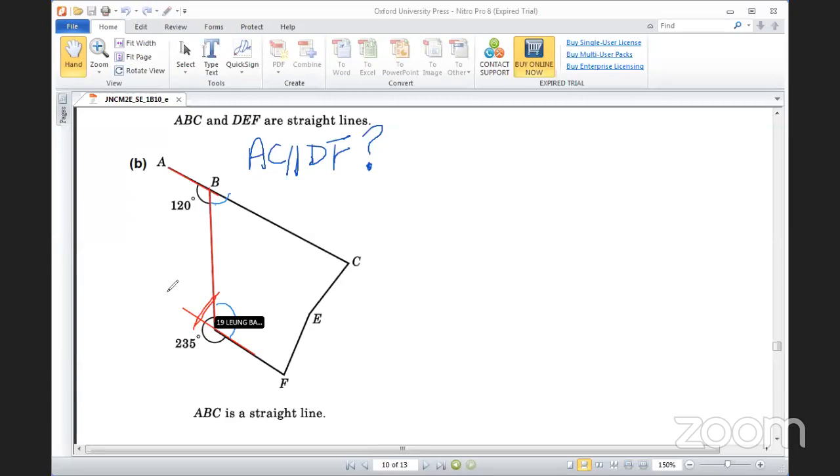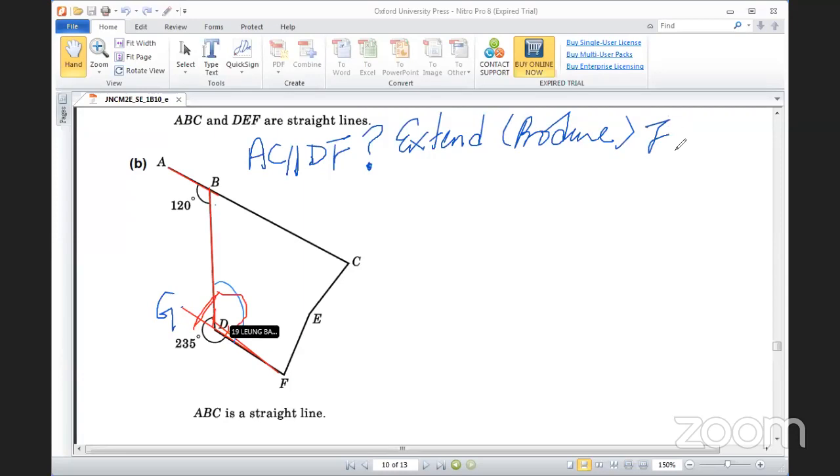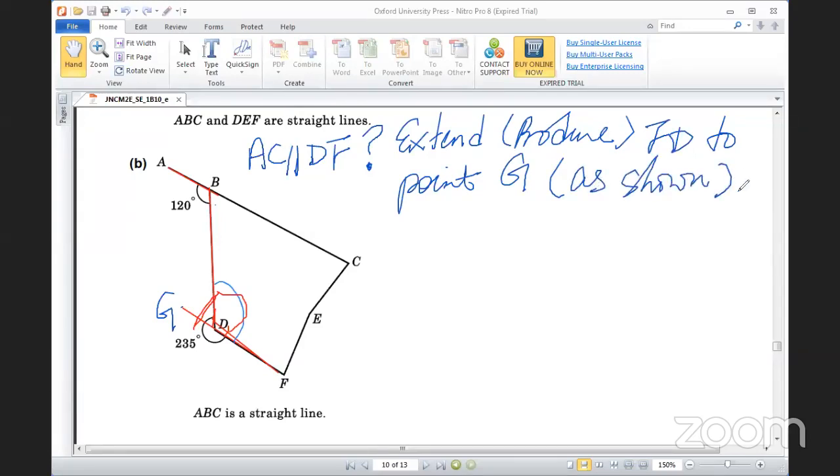Therefore, you cannot use the word meet in this way. If you want to extend this one up to a point G, then maybe you have to say extend or produce FD to point G. It's better if you draw the picture, then you say as shown.